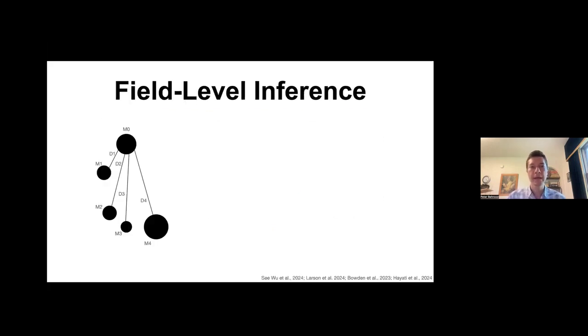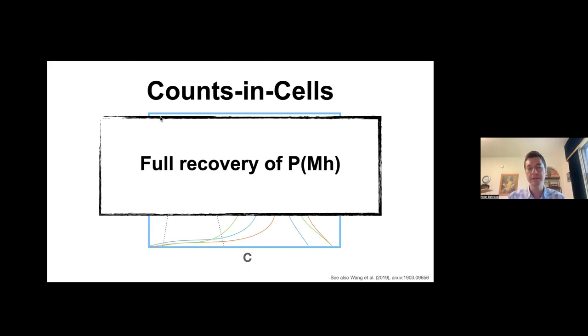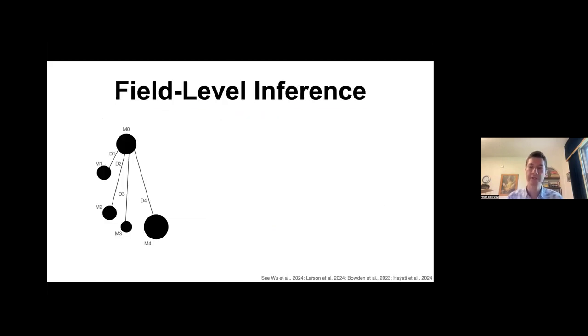Okay. And even further in the future, there is field level inference. The idea here is that, okay, these are things like counts in cells and clustering that humans thought might be interesting, but there's even more information potentially in the higher order moments of the distribution of galaxies. And how can we extract that?